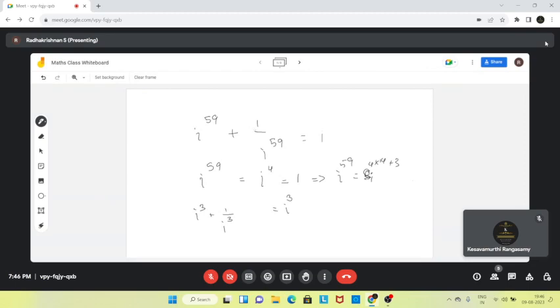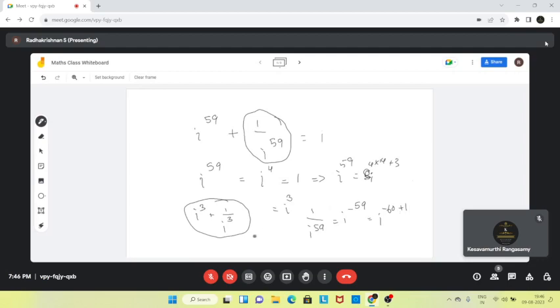You can take LCM and do it. That is one way. So let me do it in another way. I will take this 1 by I power 59 equal to I power minus 59, right? So that also you can write as I power minus 60 plus 1.